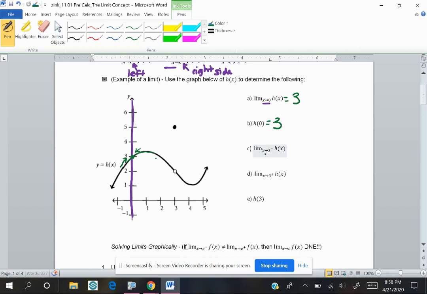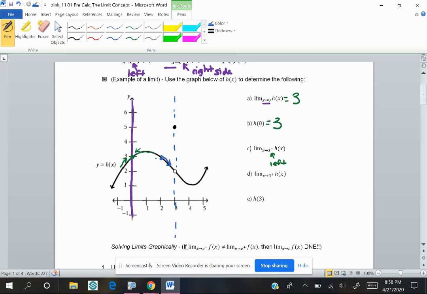All right, now let's talk about the limit as x approaches 3 from the left side. As I hop on h of x, I'm going to find where x is 3, which is this blue dotted line right here. I want to come from the left side, so I travel along my curve towards that point. You'll see there's an open circle there, so we have a hole in our graph.